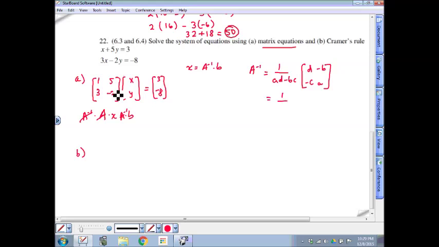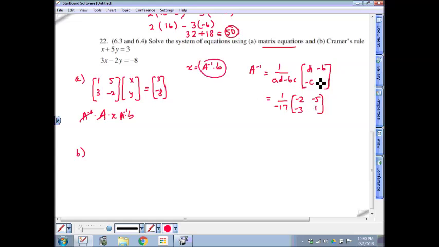So 1 over negative 2 minus 15. Negative 2 minus 15 is negative 17. And then if you switch the place of A and D, we're going to have a negative 2 here and a positive 1 there. And then B and C switch signs to negative 5 and negative 3. So this is the inverse right here.